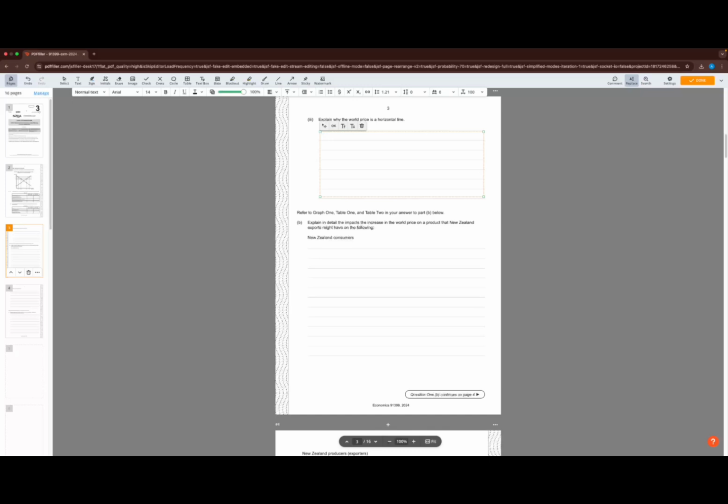We're a very small economy in relation to the rest of the world, that is. So we can't influence the world price, and it just has to take a price that's dictated by its trading partners or the global market. So we'll put that into some words now.